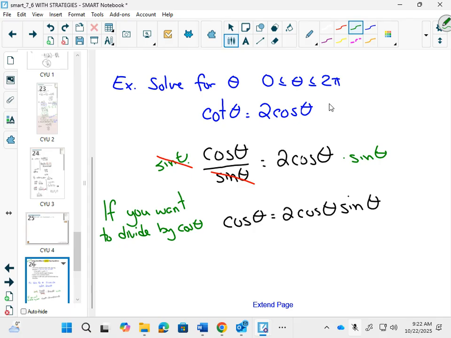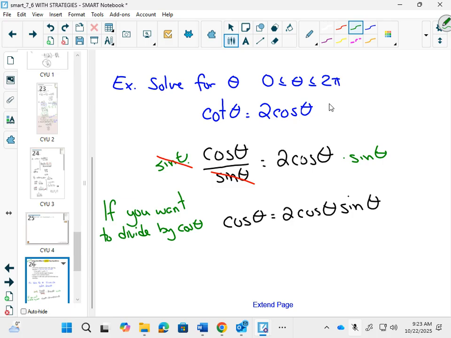The problem with that strategy is if you look at this equation and do some simple mental math, can you see that cos theta equals 0 will work? If cos theta is 0 here and cos theta is 0 there, are those two equations equal? Yes, 0 is equal to 0. So if you want to divide by cos theta, you might be dividing by 0, which is a bad thing.